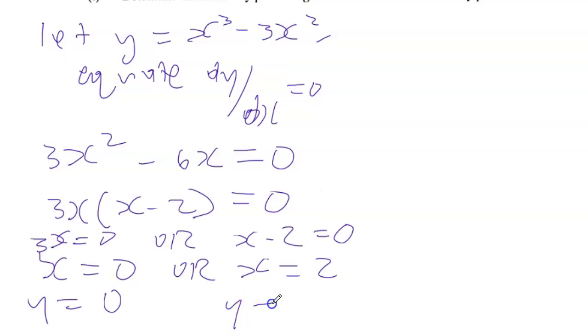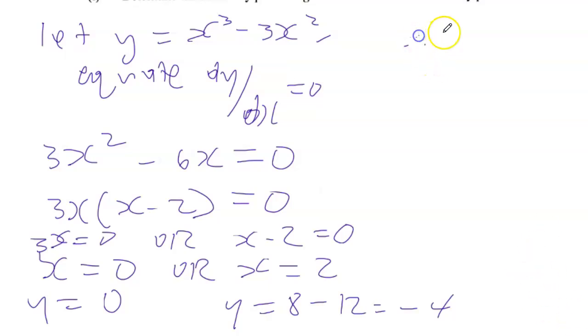And when x equals 2, the y value will be 2 cubed, which is 8, 2 times 2 times 2, and then minus 3 times 2 squared. Now 2 squared is 4. Multiply that by 3, that's 12, right? So 8 minus 12 is negative 4.